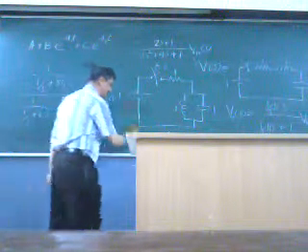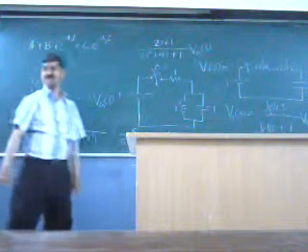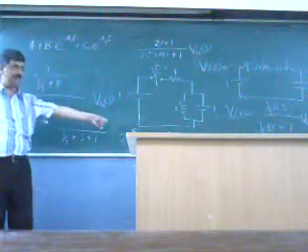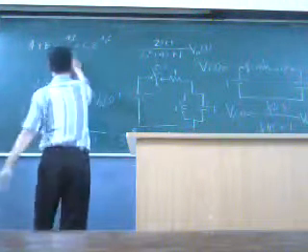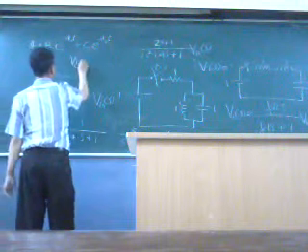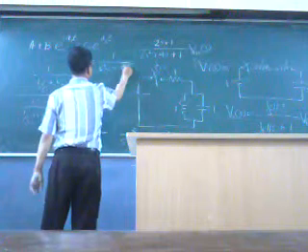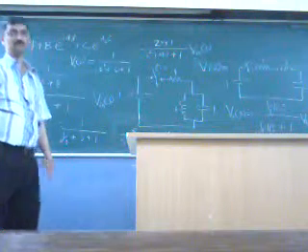So this gets cancelled, and we get VOS is equal to directly 1 upon S square plus S plus 1.